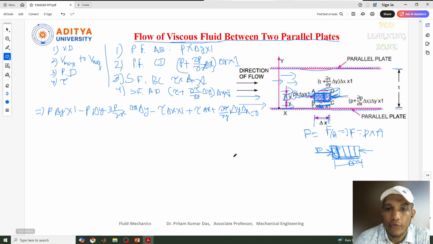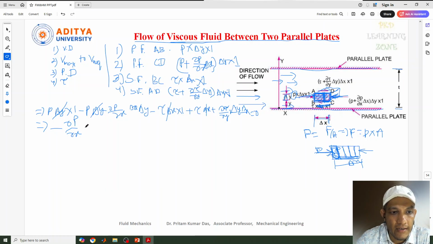Okay, now if you cancel these things, this part is going to be cancelled, and the remaining part also, tau delta x is going to be cancelled here. So remaining terms we can write: minus del P by del x delta x into delta y, plus del tau by del y delta x into delta y equal to 0.